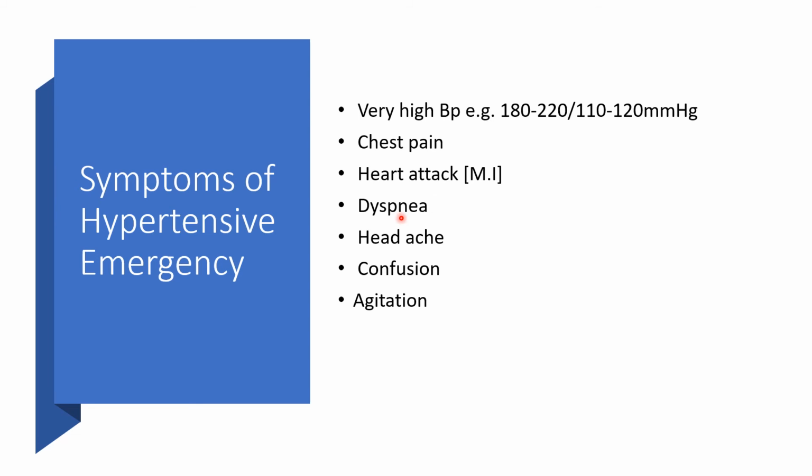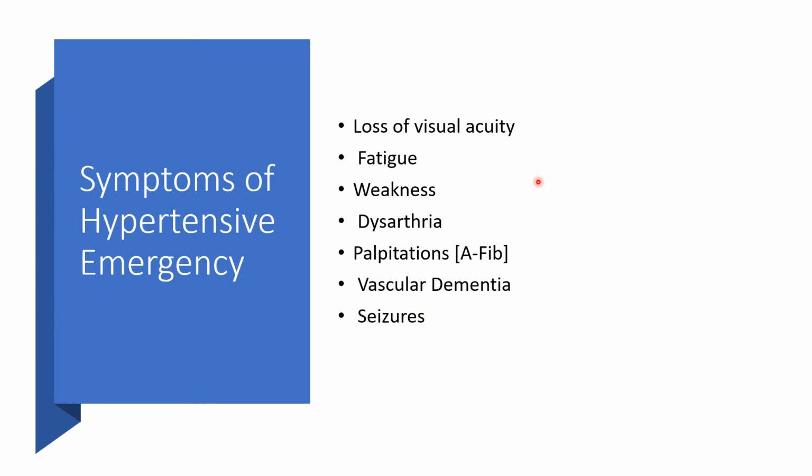They've been having difficulty breathing, having headache, they are confused, become restless, agitated. Other symptoms will include loss of visual acuity: I can't see well. I feel weak, and then my tongue has been twisted. Then my heart is racing. I can't remember things anymore. I had convulsion.